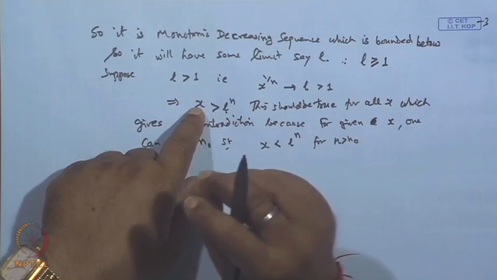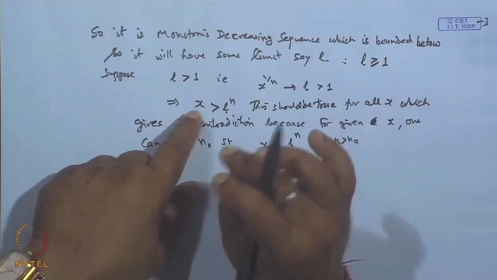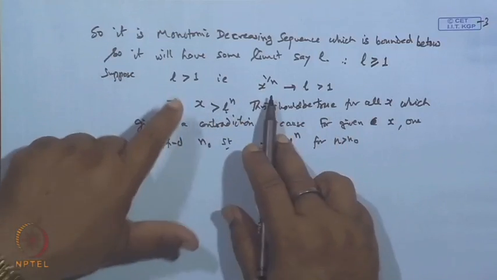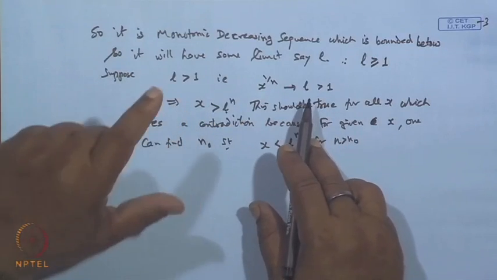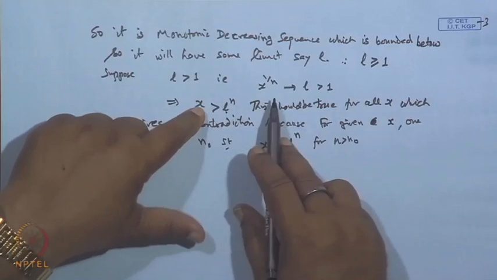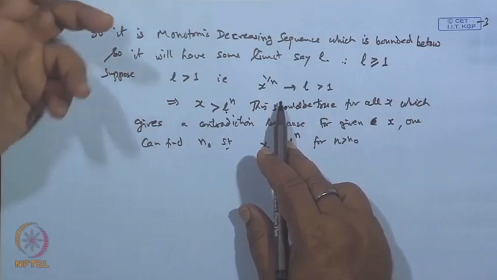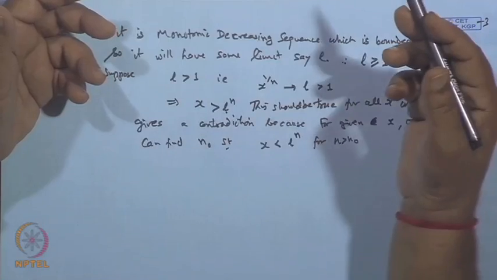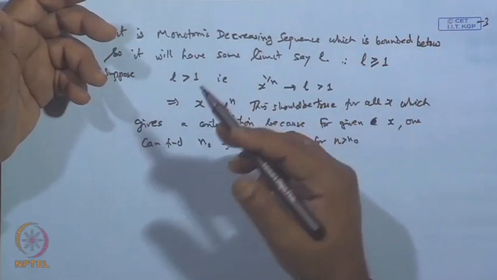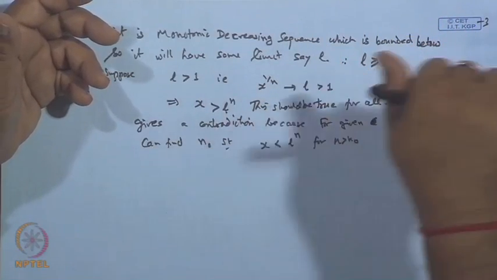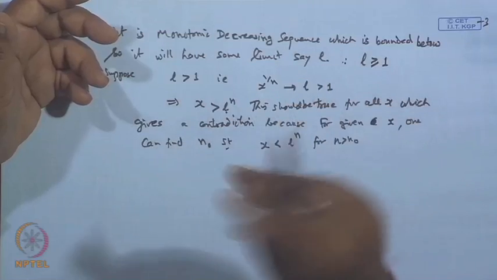Once you choose the x, the left hand side is fixed. And what we are saying is that if the limit is L, strictly greater than 1, then for large values of n, x will be exceeding L to the power n.